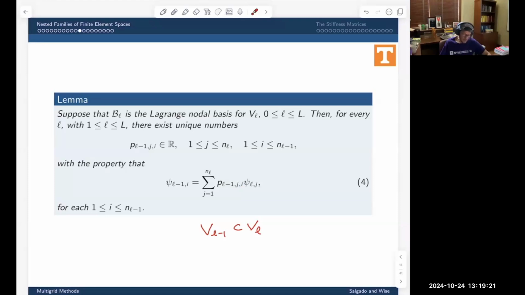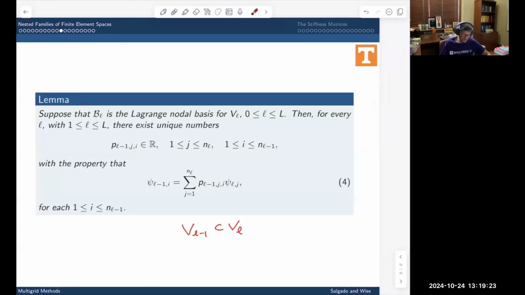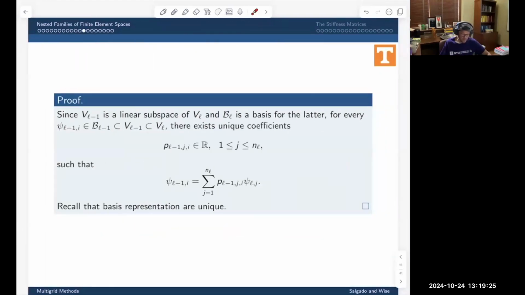So I've already explained why these numbers exist. And here's the proof, which is just going to exactly repeat what I just said. So V_{L-1} is a linear subspace of V_L, and B_L is a basis for the latter. For every function in B_{L-1}, well, B_{L-1} is a subset of functions in V_{L-1}, which is a subspace of V_L.